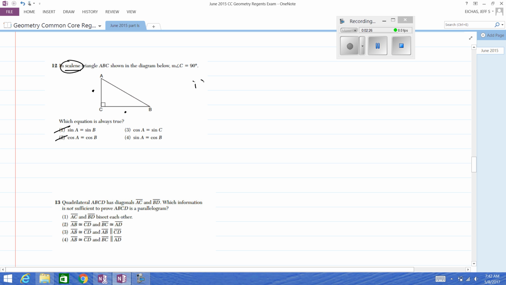Basically, if angles in a right triangle are complementary, their measures add to 90 degrees.